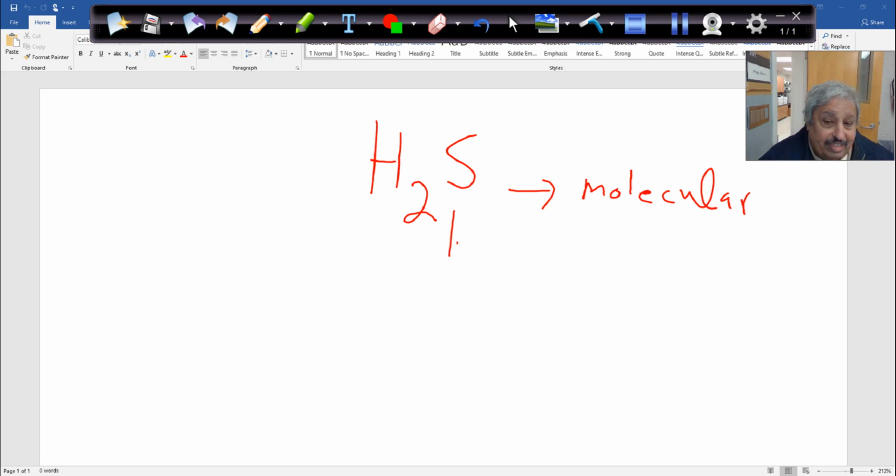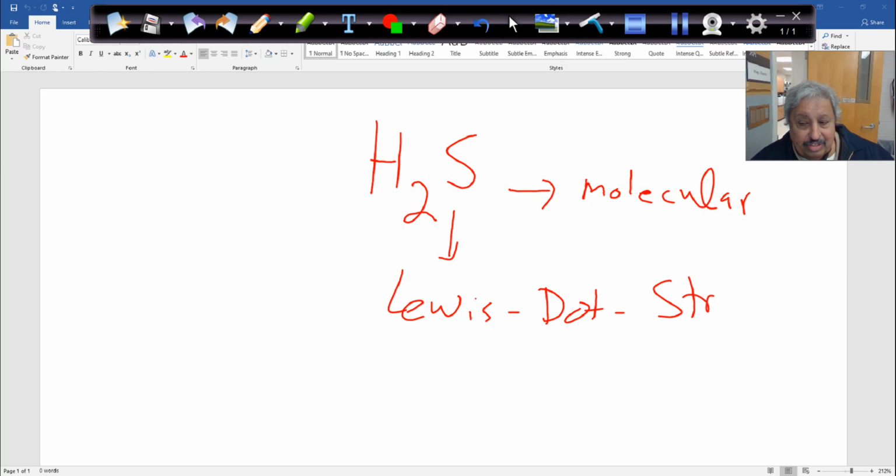So I have to draw the Lewis dot structure. Without it, I will not be able to determine the shape, because the rules of VSEPR depend on the Lewis dot structure. So hydrogen is always terminal, sulfur in the middle.